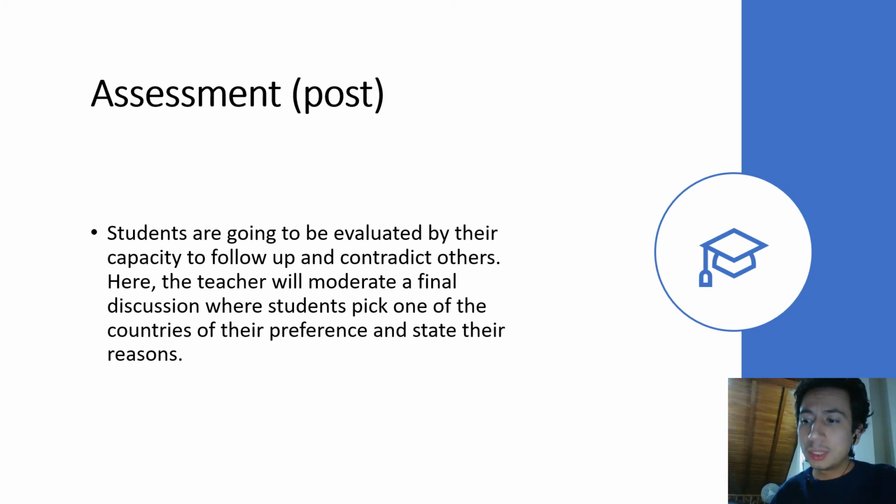So in order to engage them, I'm going to ask them which one is the country of their preference. They need to state their pros and cons, and students need to show somehow that they can contradict others or follow up on others' ideas.